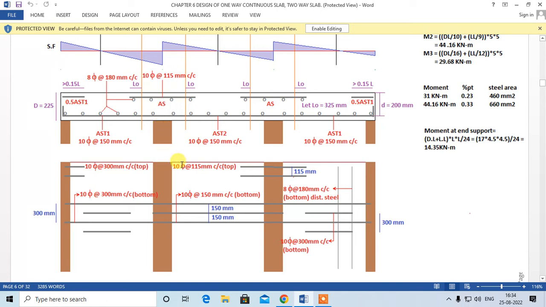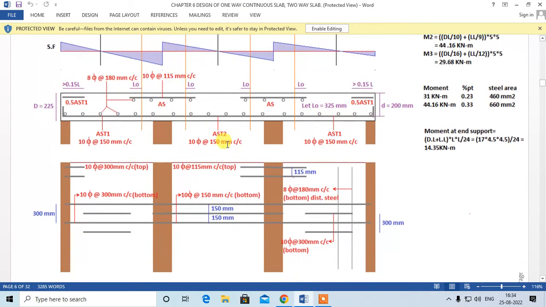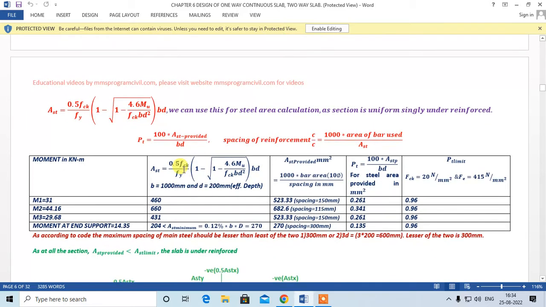Okay, fine. Now coming to M3, we are providing again the same spacing over here to keep the continuity and symmetry. The actual spacing required may be a little bit less, but for the sake of symmetry, we will keep the spacing the same.